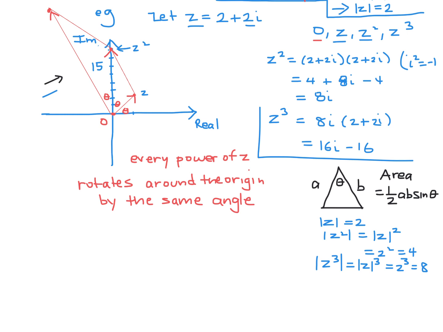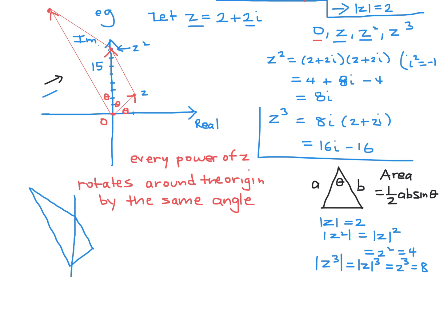So I'll draw it here. I just don't want to mess up that diagram. So it kind of looks like this, right? So what we're doing is dividing it in half, cutting it down the middle like that, from here to here.